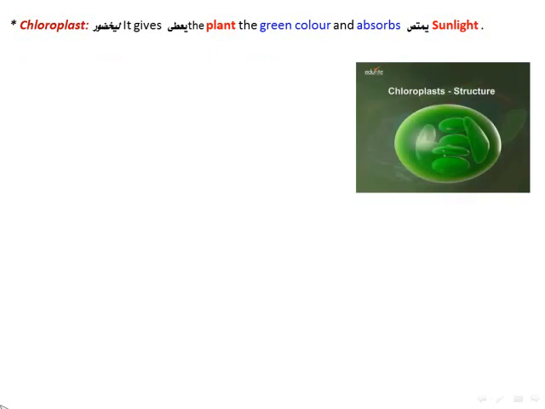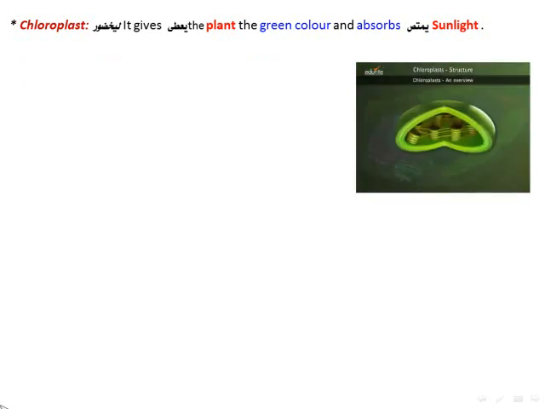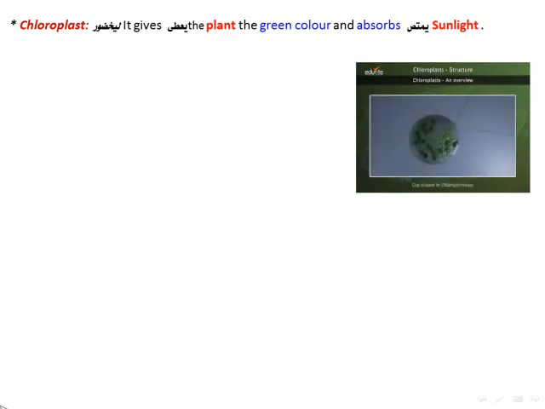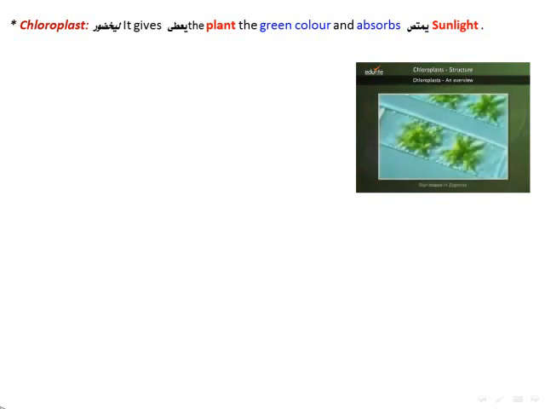Chloroplasts structure. At the end of this module you will be able to describe the ultrastructure of chloroplasts. Chloroplasts are membrane-bound organelles that act as the main centers for photosynthesis. Cup-shaped in chlamydomonas, ribbon-shaped and spirally coiled in spirogyra, and star-shaped in zygnema.